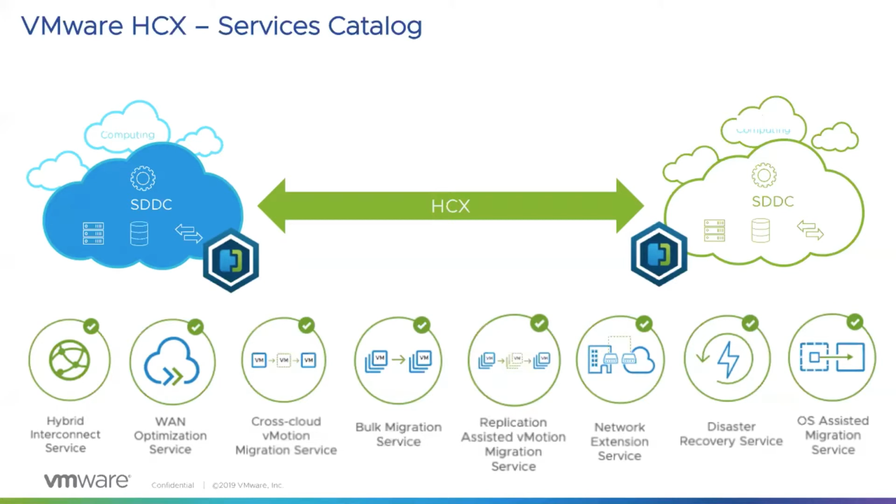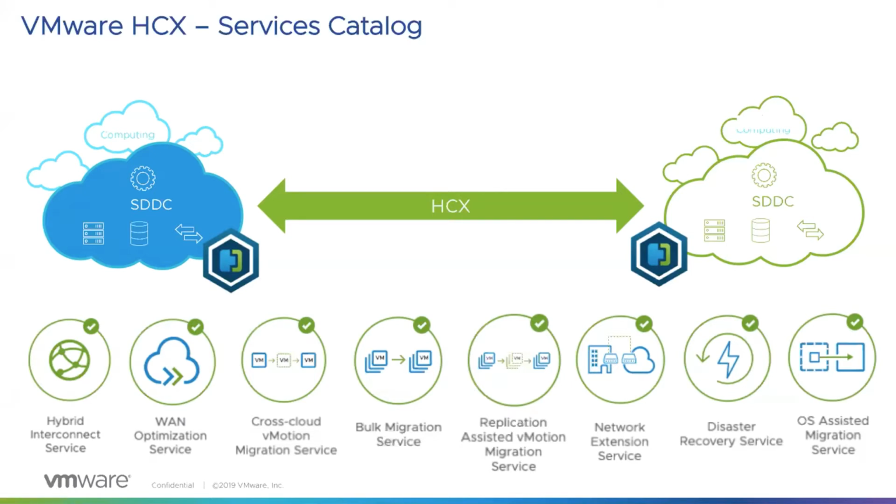HCX on the destination is HCX Cloud Manager. So there, the pairing is always between the Enterprise Manager and the Cloud Manager. We cannot tie together enterprise and enterprise. We cannot tie together cloud and cloud. So it is always the Enterprise Manager connects with the Cloud Manager, and that enables us to consume the services which are depicted at the lower half of the screen.